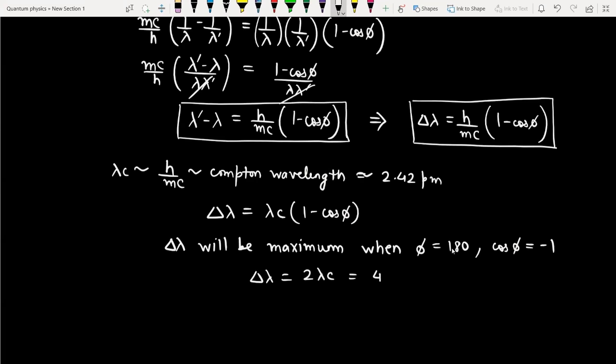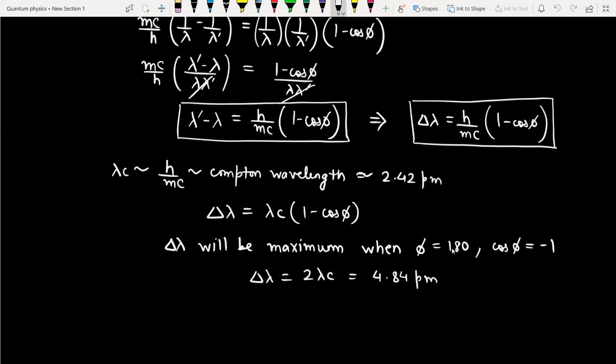So this will be equal to 4.84 picometer. So this is when phi is 180 degree, which means that you basically projected that photon towards that electron, and phi equal to 180 means that the incoming photon is backscattered. So basically it scattered back towards the direction from which it came. So that is the place at which this delta lambda will be maximum.